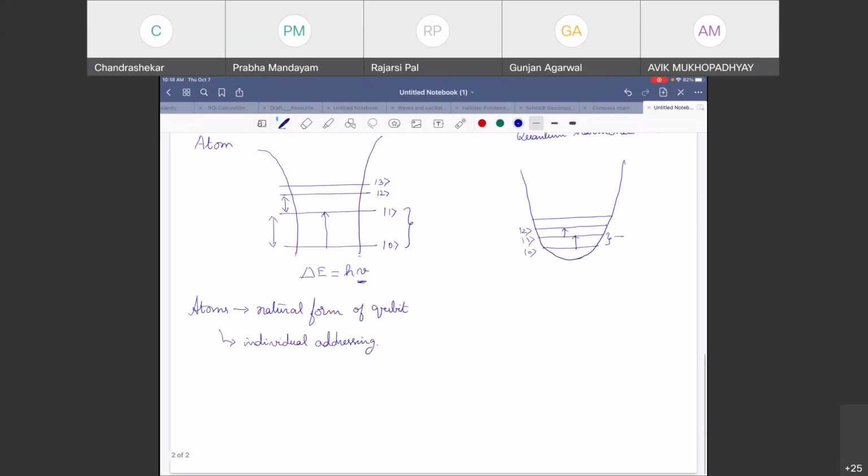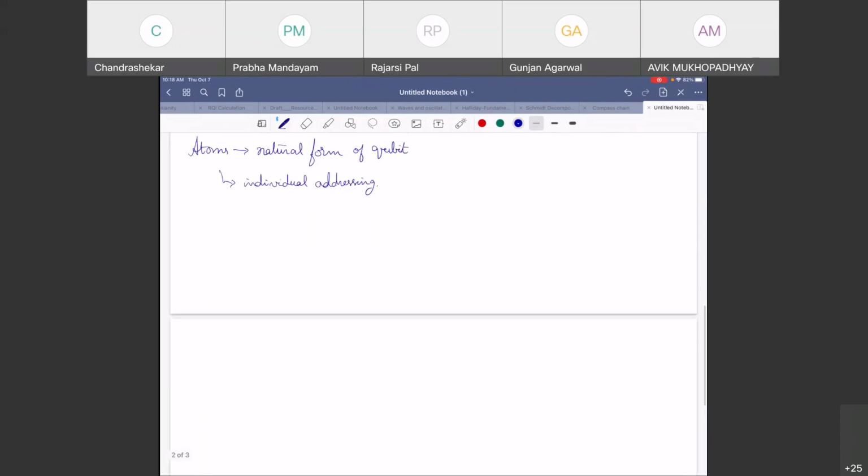To overcome this, we have to look at macroscopic systems, by which I mean systems a little bigger than atoms.